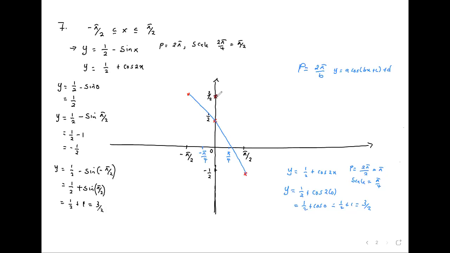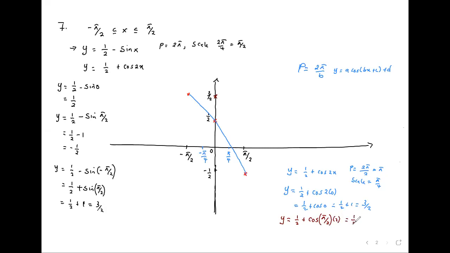Then we also have y is equal to half plus cos at pi over, okay, let's get at pi over 2 now. At pi over 2, the end point multiplied by 2, remember it's 2x, so multiplied by 2.